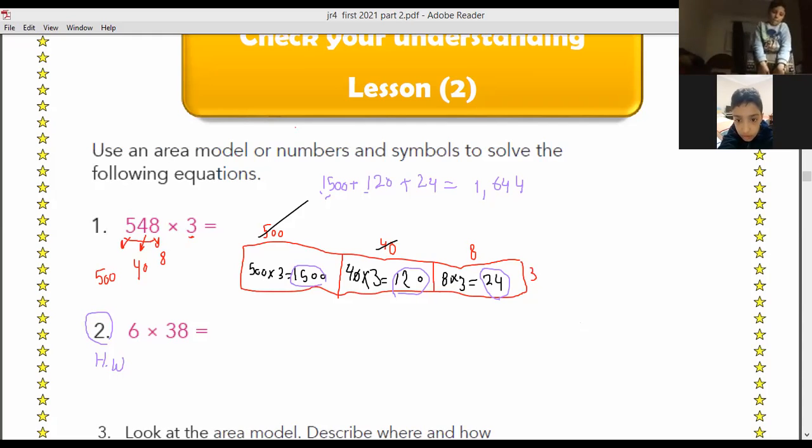Muhammad Tariq, what do you do? You should do this one inside your booklet. You did it? Okay, thank you. So number 2 will be homework, junior 4.